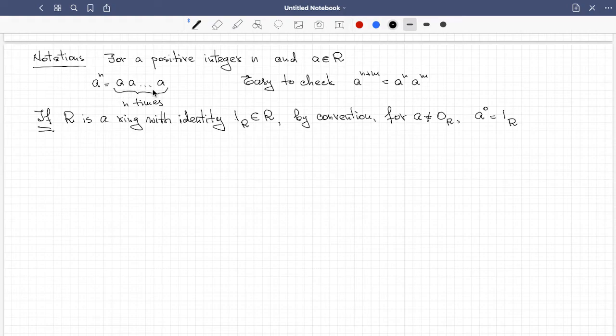We still can multiply elements. We can abbreviate multiplication as power. That's it. Also, we can abbreviate repetitive additions.